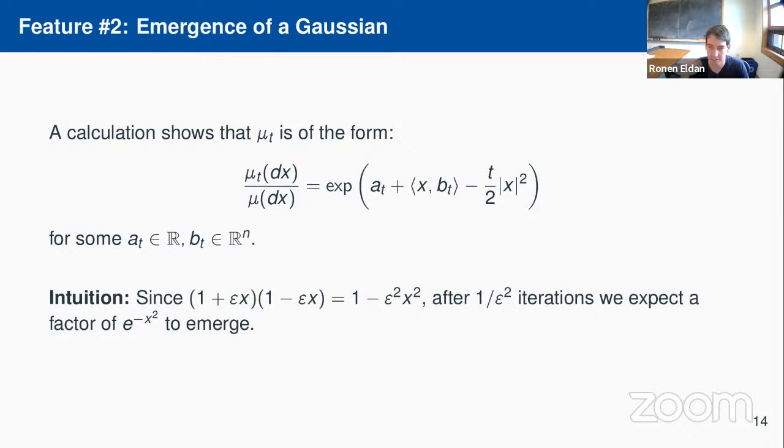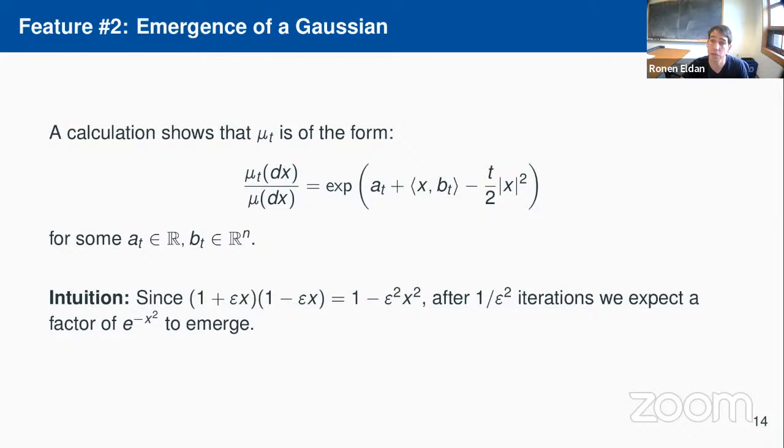So most will be cancellations, and each cancellation will contribute a term that looks like 1 plus epsilon x times 1 minus epsilon x, which is equal to 1 minus epsilon squared x squared. So each cancellation will contribute a quadratic expression. And if we do 1 over epsilon squared iterations like this, then we have basically multiplied by this function to the power 1 over epsilon squared, which looks like e to the minus x squared. Okay, so this kind of makes it clear that a Gaussian term should arise.